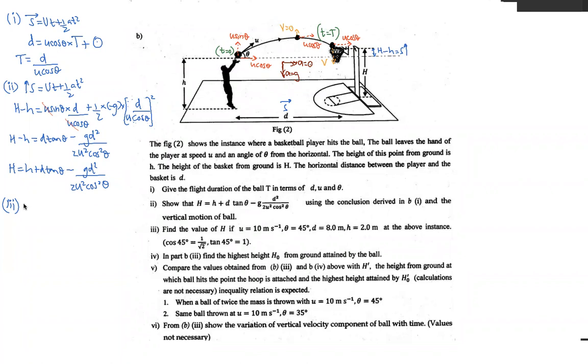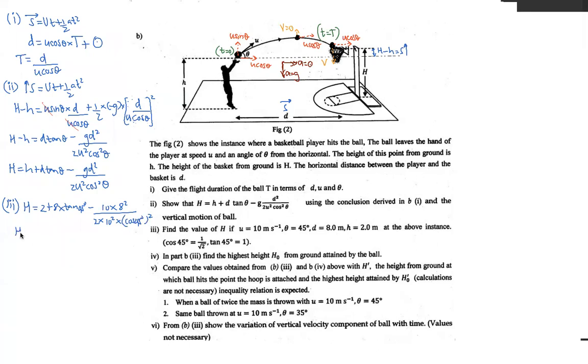So, let us start. Capital H is equal to, I am not going to rewrite it because I have already written it, simple h is 2 plus d is how much? 8 tan into tan 45. Tan 45 minus g is 10 into d squared is 8 squared over 2 into u, 10 squared, good, and cos theta squared, that is cos 45 squared. Good.